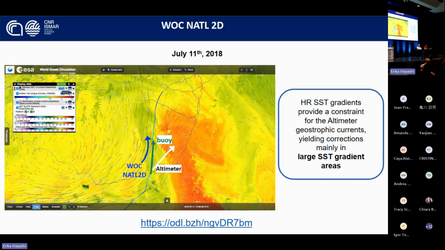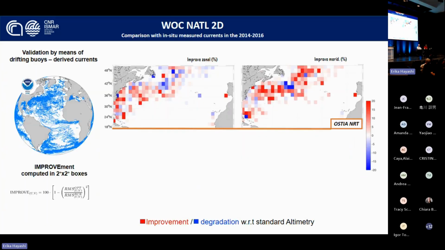And in blue, you see the estimate of the WOC NATL surface currents dataset. So the correction brought by SST is quite effective. We lose this very strong cross-front circulation, which is quite unusual, especially for mesoscale geostrophic flows.